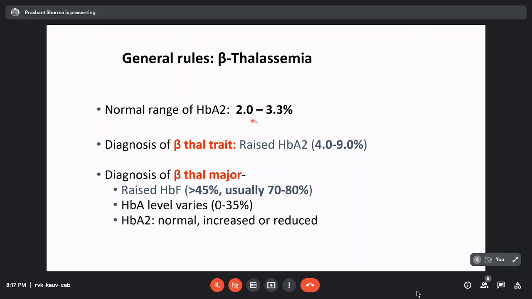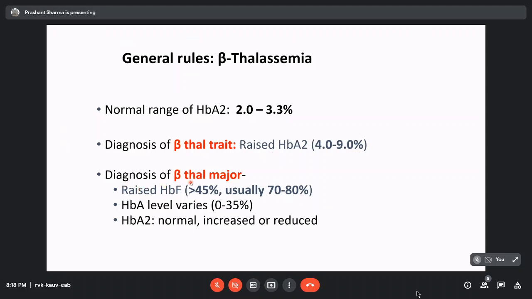The normal range of hemoglobin A2 is between 2 to 3.3%. For diagnosis of beta thalassemia trait, we require a raised HbA2 but up to 9%. So an HbA2 between 4% to 9% is elevated, consistent with beta thalassemia trait, as long as the indices are also supporting it.